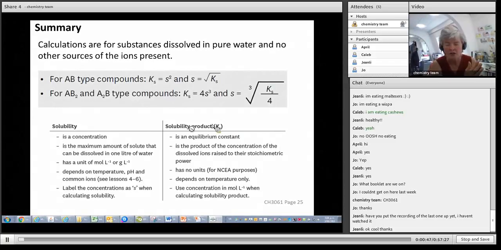Okay, so what I said last week, the very important thing when you have to do the calculations for this section on solubility is you have to work out, do the ions for my insoluble salt, so calcium sulfate or barium sulfate or whatever, come from a single source?